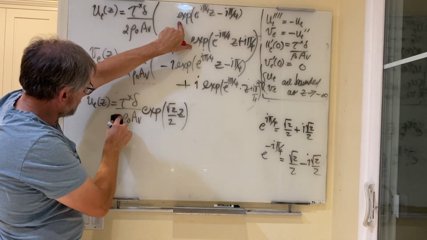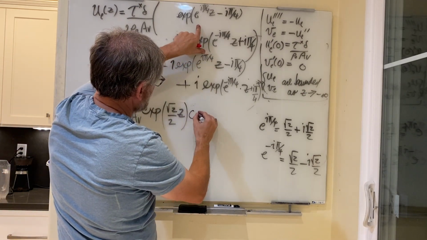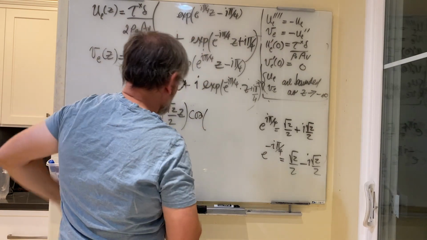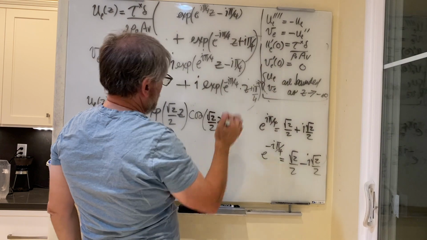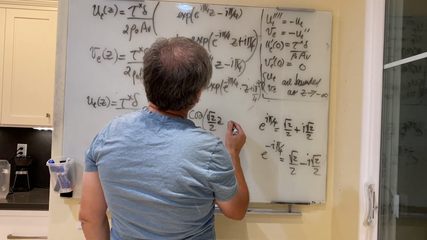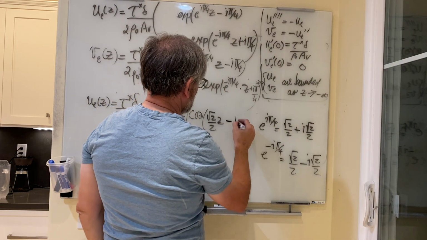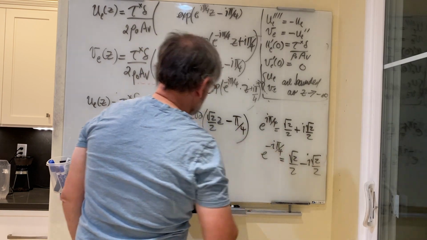So if I get rid of the 2 and bring it to this side, this becomes a cosine. Cosine of root 2 over 2z, and then I have plus or minus pi by 4.